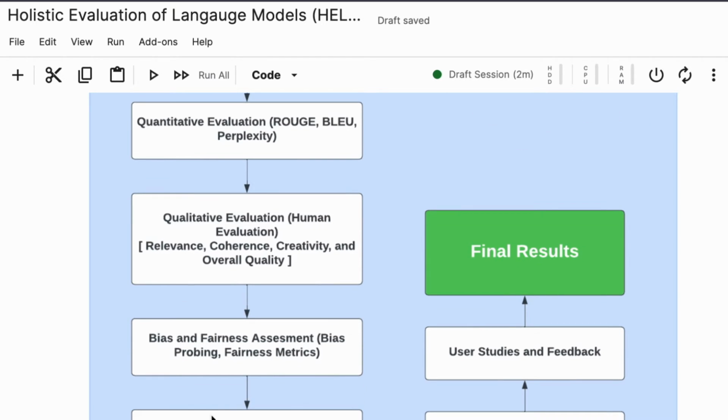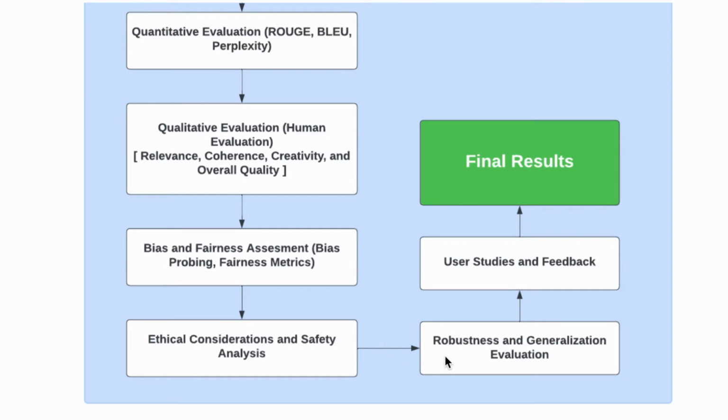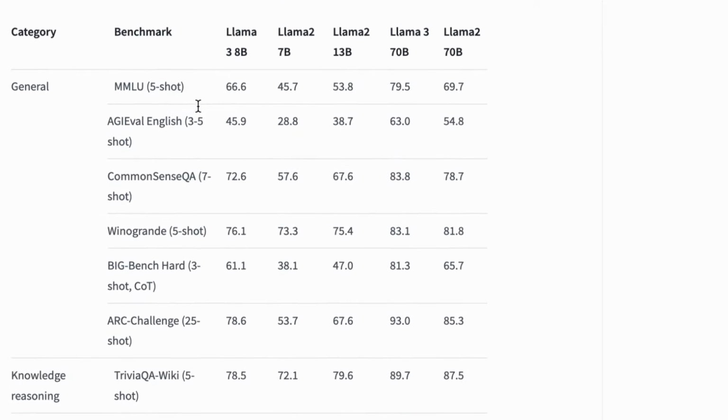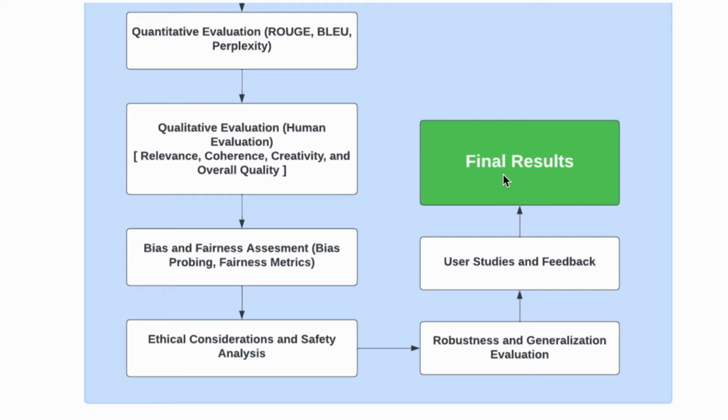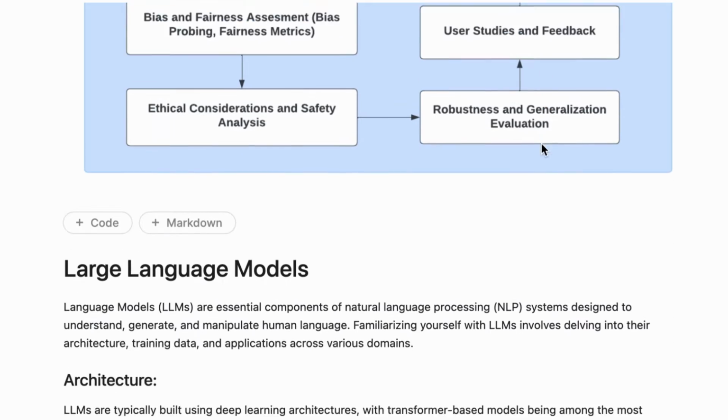Then we check bias and fairness, then ethical considerations, robustness and generalization. Then we also check user studies and their feedback, like these kinds of benchmarks. You need to evaluate your large language model completely, and then it generates the final result for all the metrics or evaluation criteria that we put in this framework.